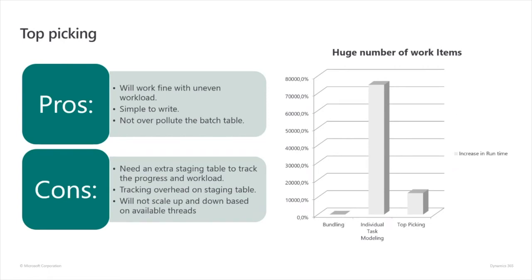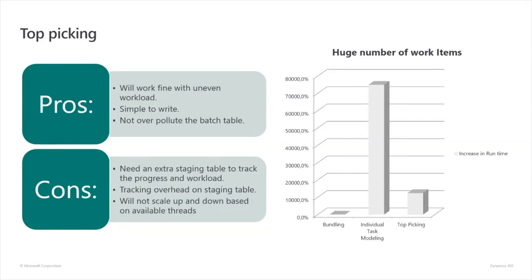And the staging table, of course, on the other hand, has cons, not only when you think about the code maintenance, for instance of it. When a large number of short work items needs to be processed, tracking the work items through the staging table also affects performance and ultimately could also affect the throughput.